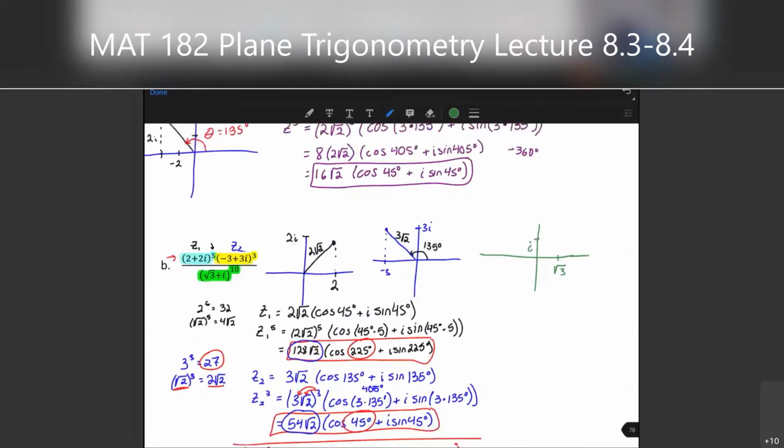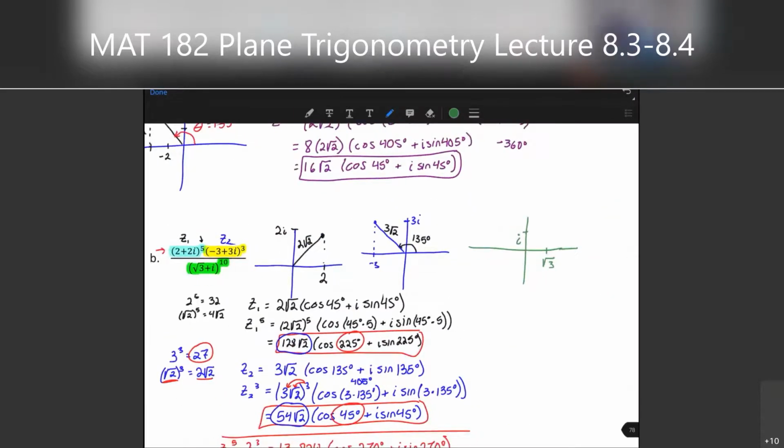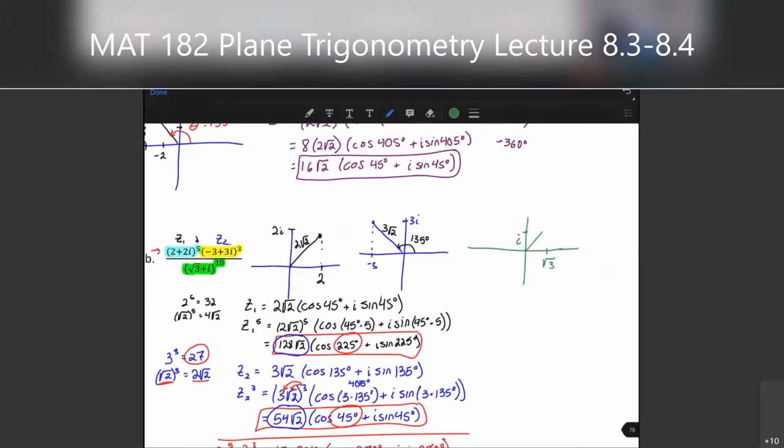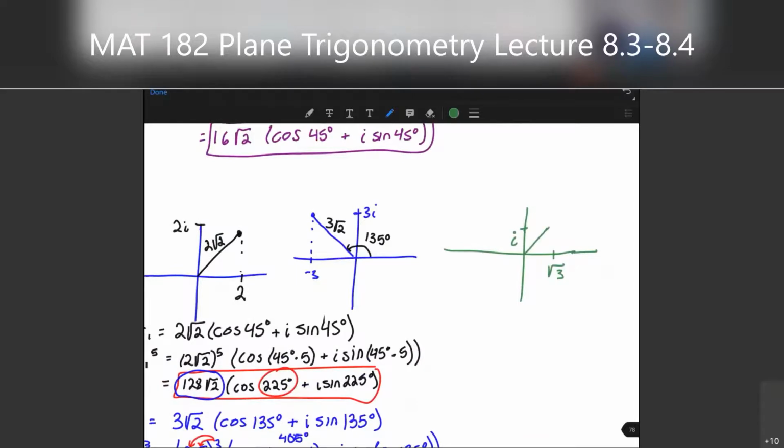Let's show both here. Let's draw it bigger. I might draw it on the other side.